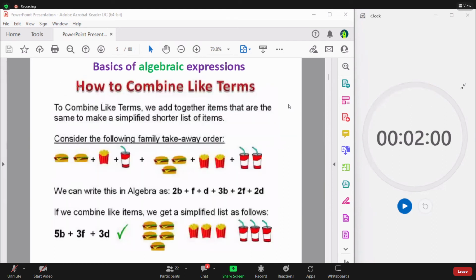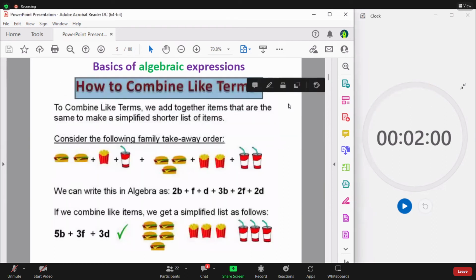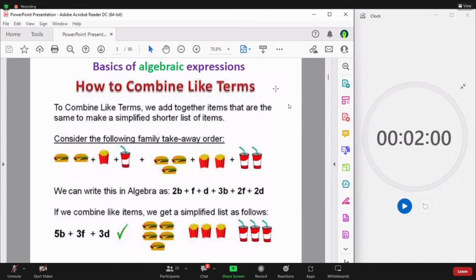Now, combining like terms and unlike terms. Like terms in an expression are, let's say, 2a, 3b, 2a square, 19b, 18a square, or let's say 17z and 27b.